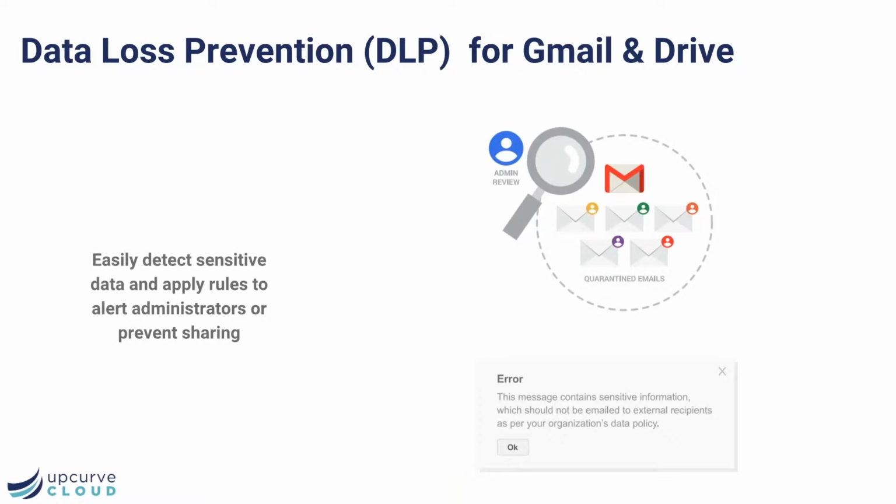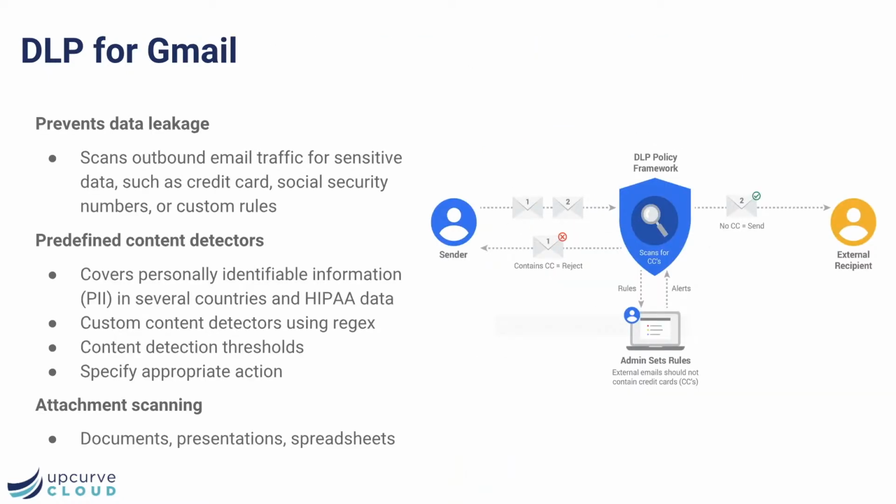You can easily set up different rules to prevent all kinds of attacks, all kinds of security breaches. You can scan outbound email for sensitive data, such as credit cards, social security numbers. There's a lot of predefined rules already built in to DLP, but you can also create your own custom rules depending on how you and your organization send data out.